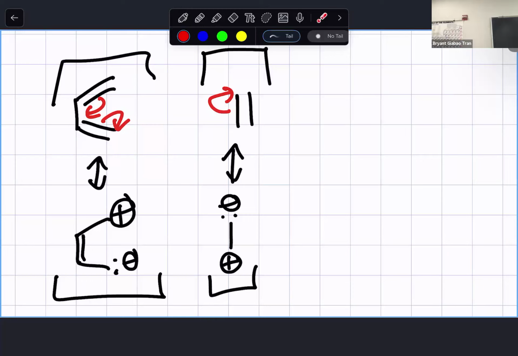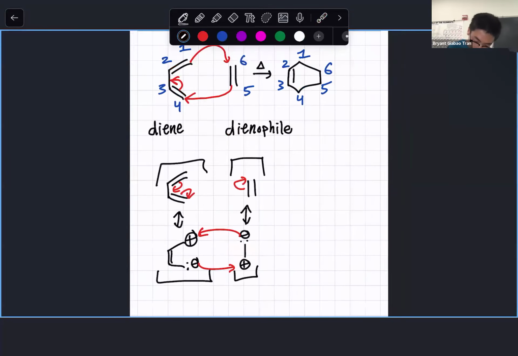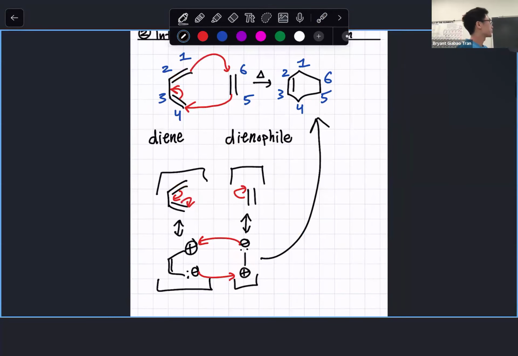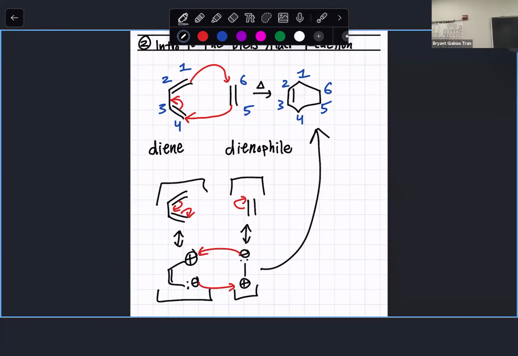They are attracted to each other because they're opposite charges. So this concept here will be important because when we add EDGs and EWGs on it, these can change, right? That negative charge is going to attack that positive charge and gives you that exact same product right there. But it is clearer, it's easier to see where that double bond comes from in the resonance structure and where the new bonds come from with these arrows.